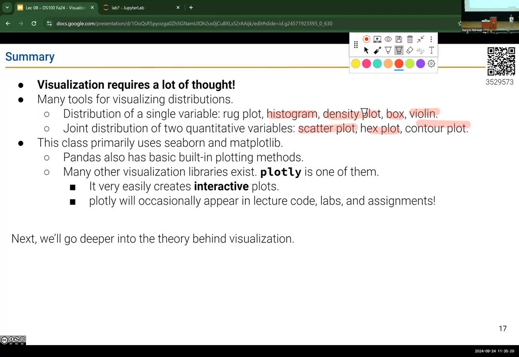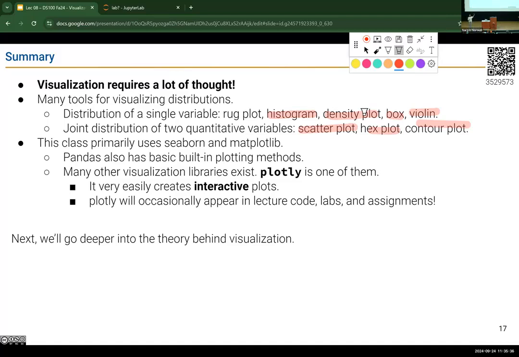You might also frequently see us using the Plotly framework for labs or for lecture visualization and so on and so forth. Plotly is a little bit more interactive, so we can hover over it and see different data points.